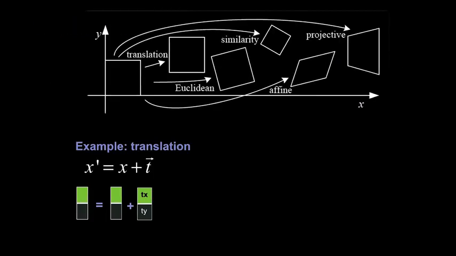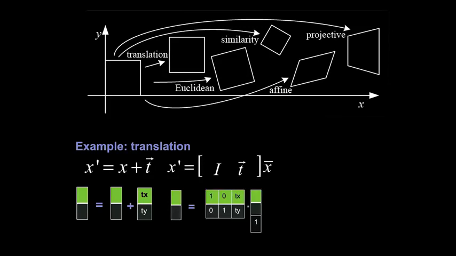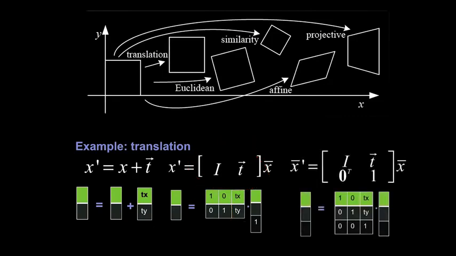So let's take the simplest example, which is translation. So we have an X, and by the way, in this little figure, the original X and Y is the green box. We take our X and we just add some translation vector to it. And we saw that an easy way to describe this is using homogeneous coordinates, where we do X, Y, and 1. We add a 1 to the end, and then we can have a transformation matrix, which is made up of an identity plus the translation vector that we had over here.